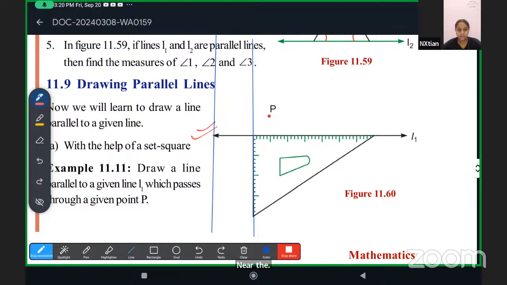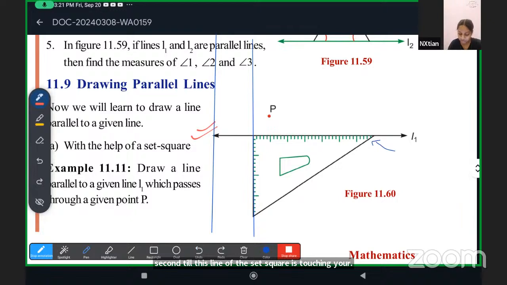Okay, done. Now take two fingers and place them on the scale to hold it. With your right hand, move the set square above till this line of the set square is touching your P point.